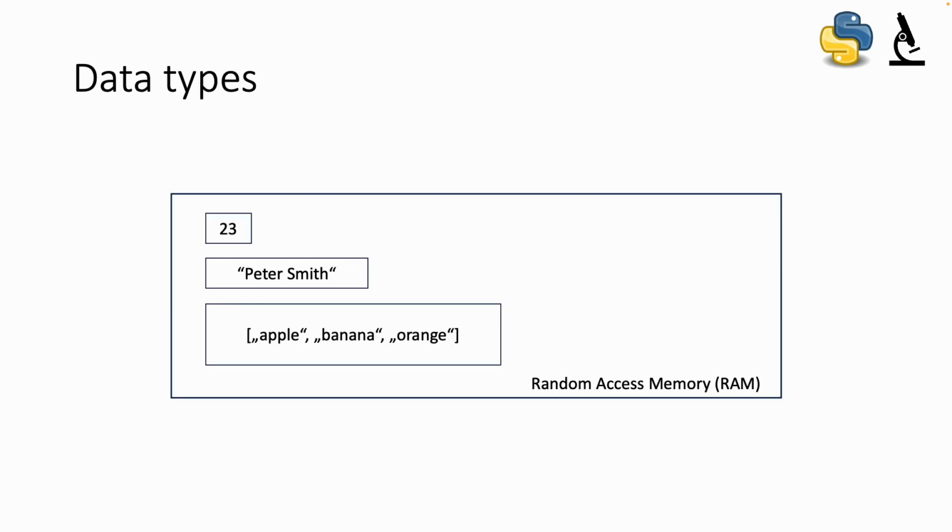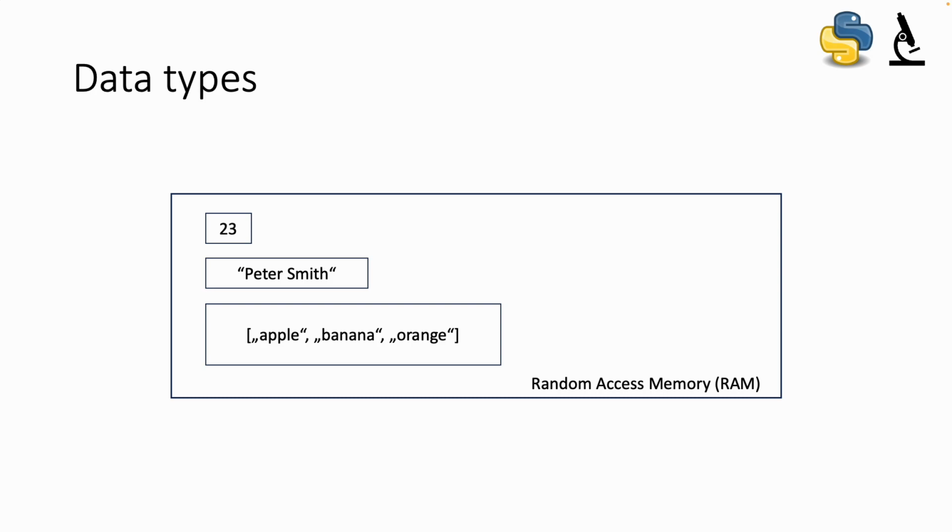Finally, what I always, when I try to visualize it to myself, is you can think about variables and data types as information stored in the random access memory. And depending on the data type, there's a specific shape or size of these information blocks.